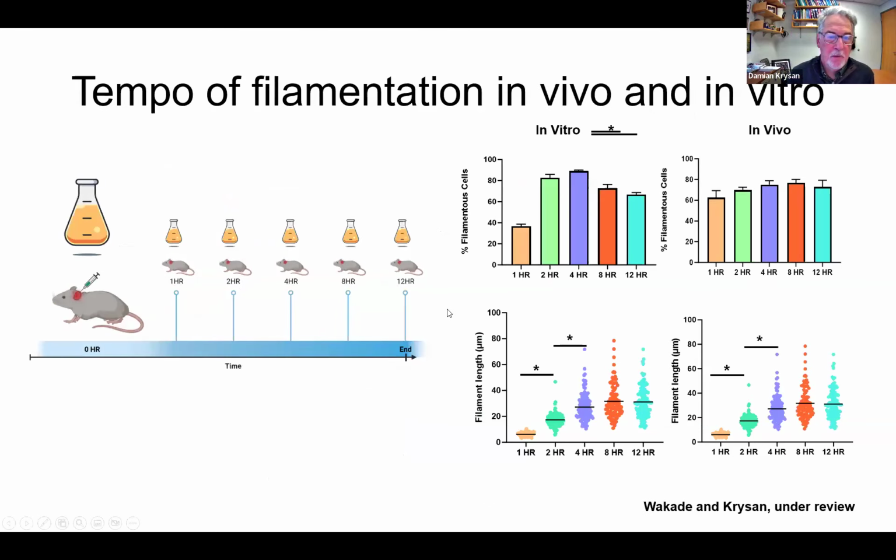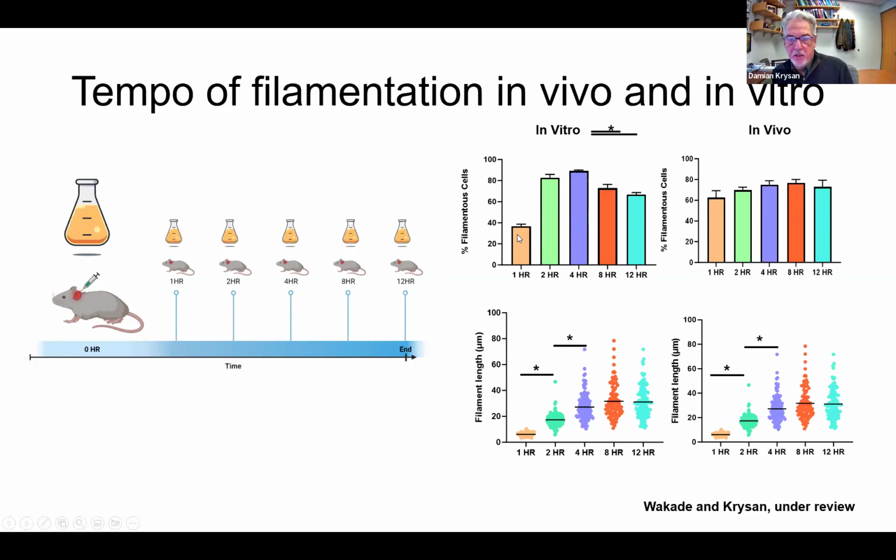And the first question you might be asking is, well, how does filamentation in the ear compare to filamentation in more standard in vitro conditions? And so we asked the same thing and did an experiment where we directly compared in vitro with RPMI and 10% serum at 37 degrees, over different time points, to filamentation within the ear.